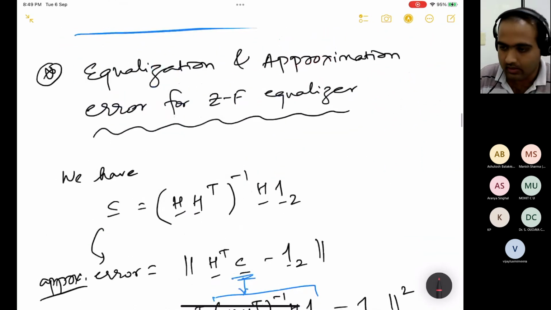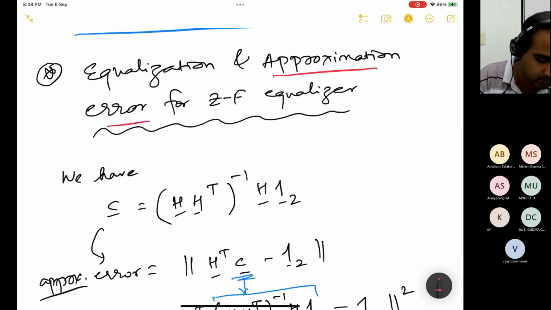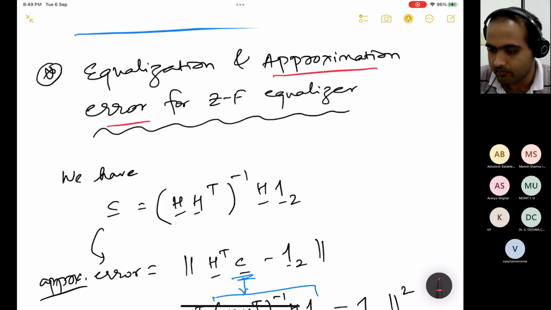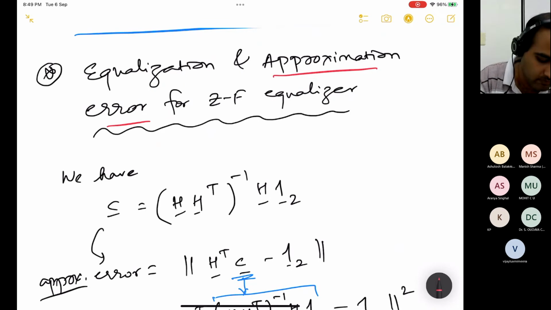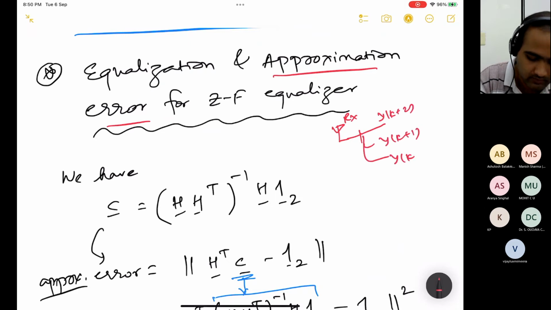Now, what is the approximation error? Why do we have approximation error, right? If you remember what we studied so far, at the receiver we are basically tapping. Say this is yk plus 2, this is yk plus 1, and this is yk, right?